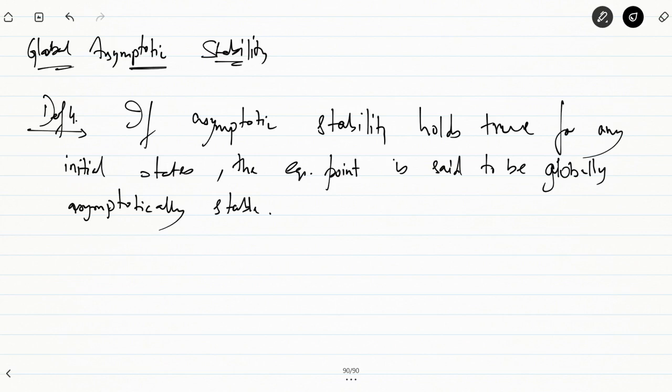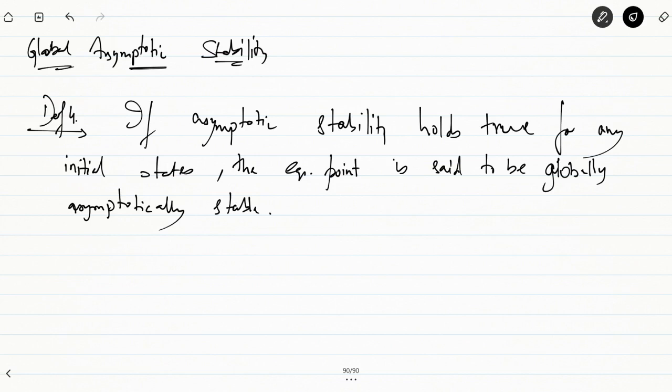In general, linear time invariant systems, as we already discussed, may or may not be asymptotically stable, and we have defined the asymptotic stability of linear time invariant systems in terms of the eigenvalues of the system, as well as talking about the global stability.